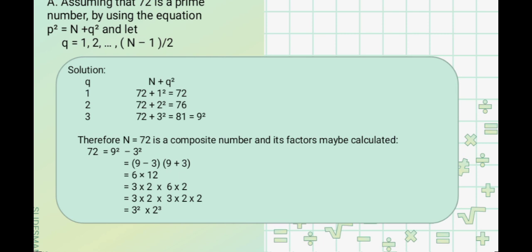Since our n here is 72, that's why we have 72 here. And then, we have 1, which is our q. That's why the first number for q is 1. So, we have 1. Since it is squared, we have 1 squared. So, 72 plus 1 squared is equal to 72.